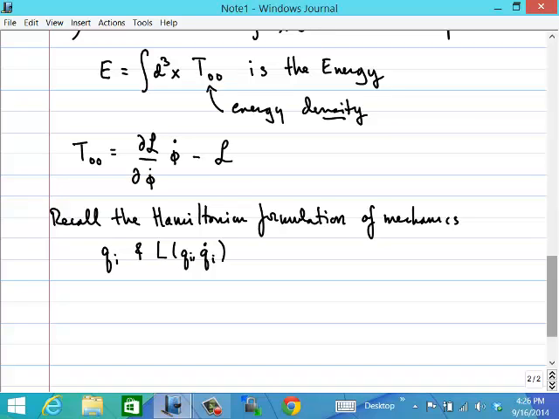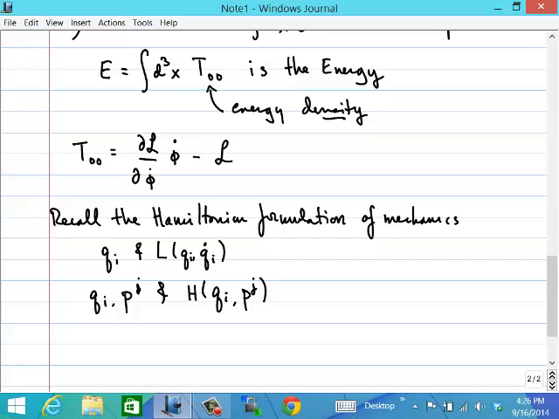In the Hamiltonian formulation of classical mechanics, one characterizes the theory in terms of a set of dynamical variables qi along with some conjugate momenta that I'll call pj. And the dynamics is determined by a Hamiltonian that's regarded as a function of the q's and the p's.